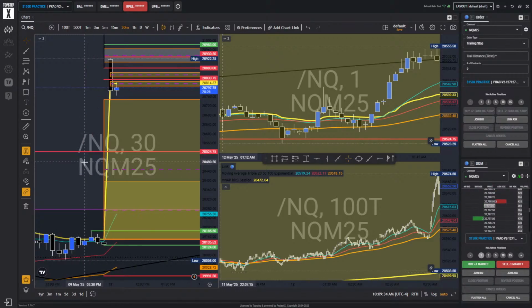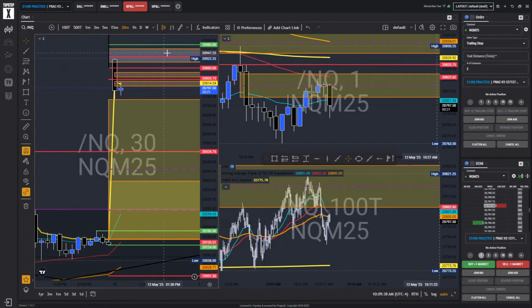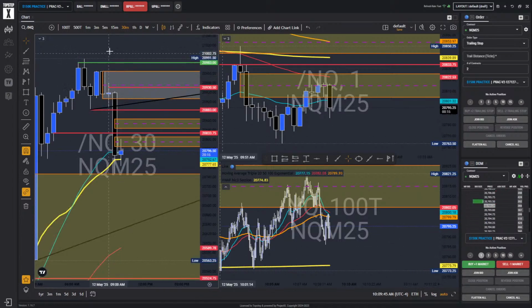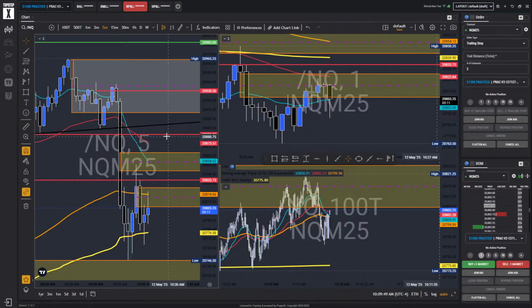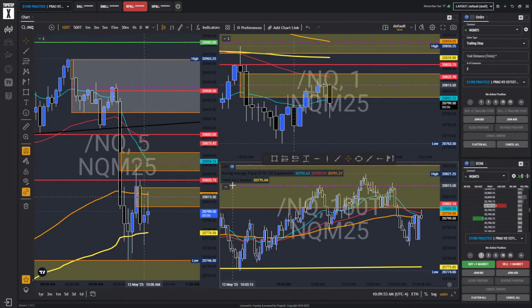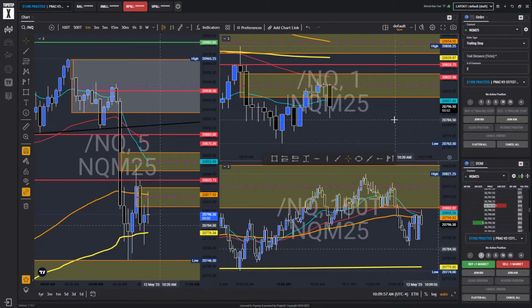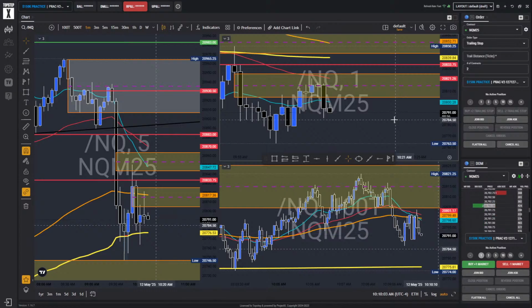Yeah, there's nothing specific about this that I'd really say was a giveaway beforehand. We just cannot find the strength to hold above the halfway point of range of this gap, I'd say.